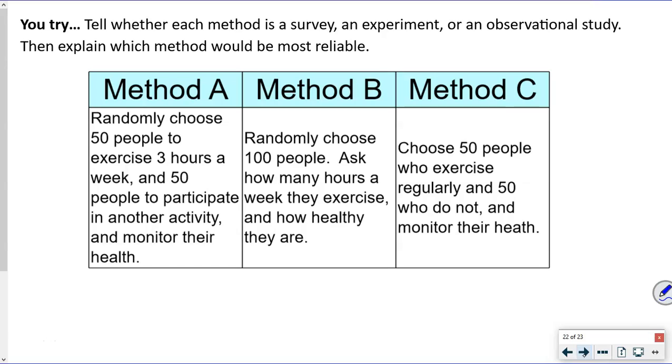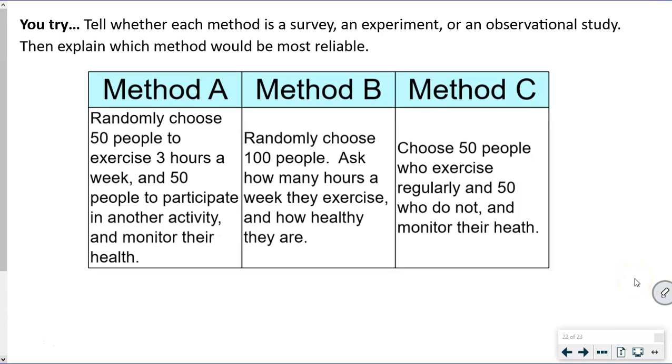Again, explain which method is being used and then which one is most reliable. Randomly choose 50 people to exercise 3 hours a week and 50 people to participate in another activity and monitor their health. This one I would say is experimental. Why? Because you had 50 and 50, okay?